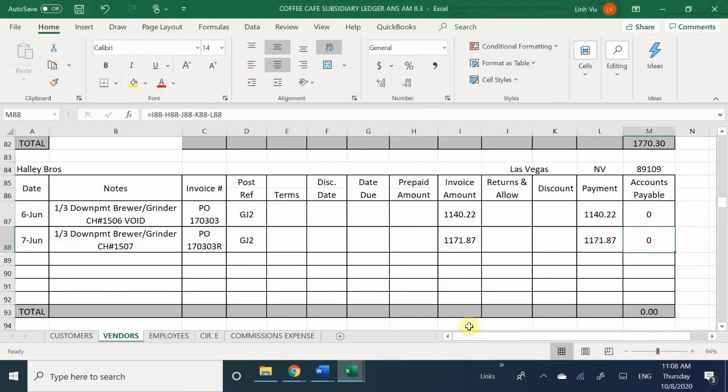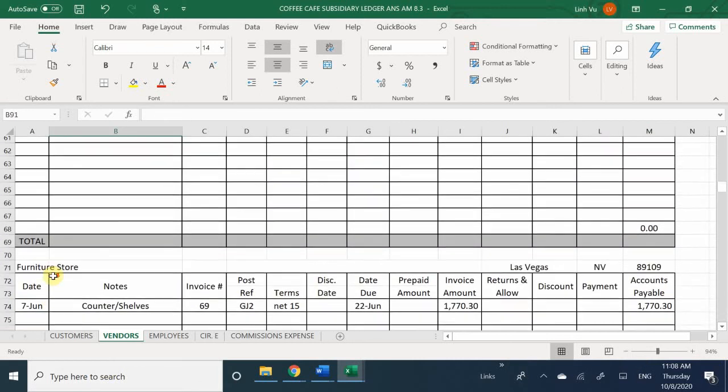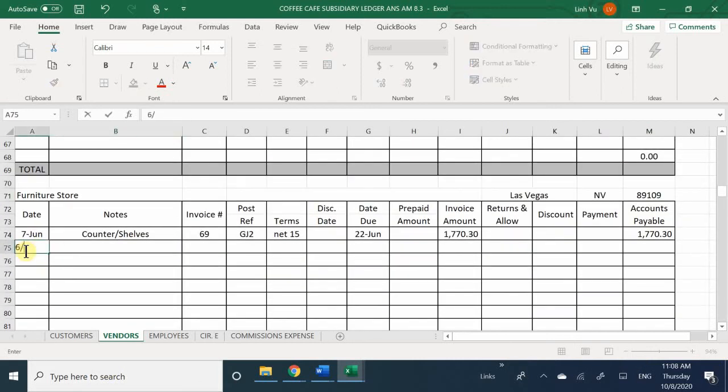Lastly, we're going to update our subsidiary ledger for the furniture store, which should be right above Haley Bros. There you go. I received a desk set. Okay. And it was invoice number 71, General Journal 2. This time it was also net 15, and we already know what that is, which is going to be the 22nd of June.